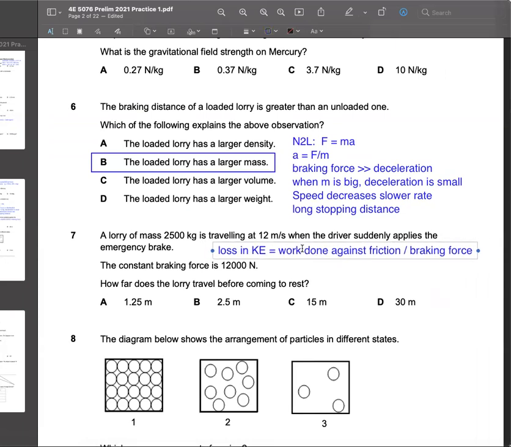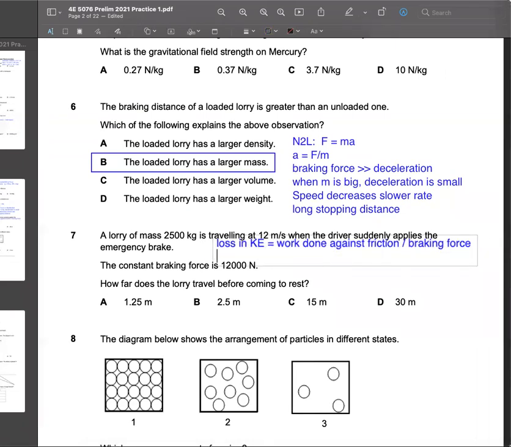So half mv squared equals force times distance. This type of question you must know. Really must know.